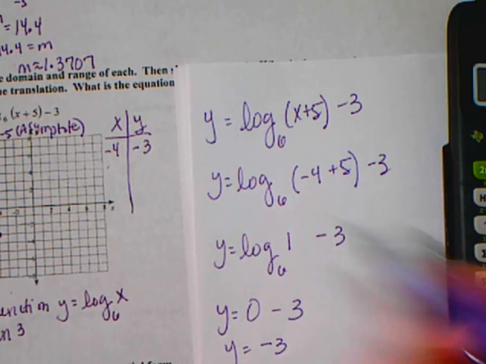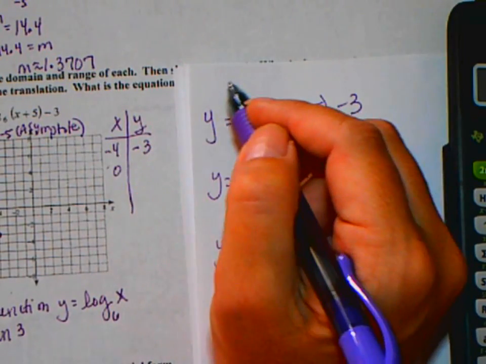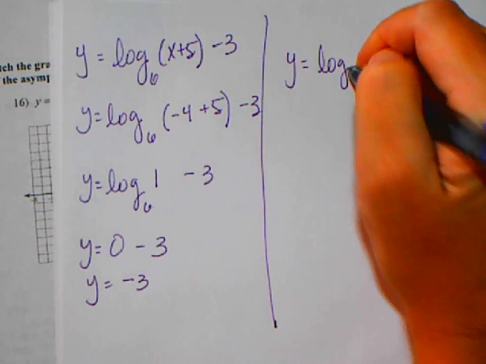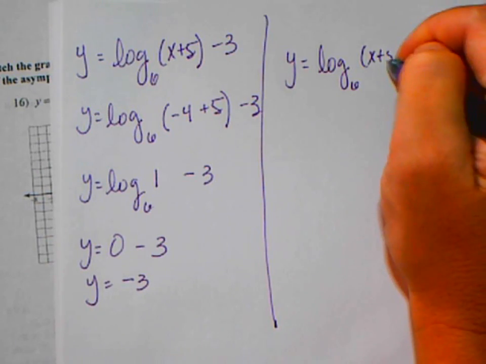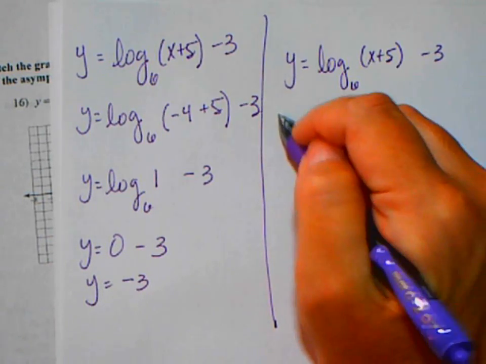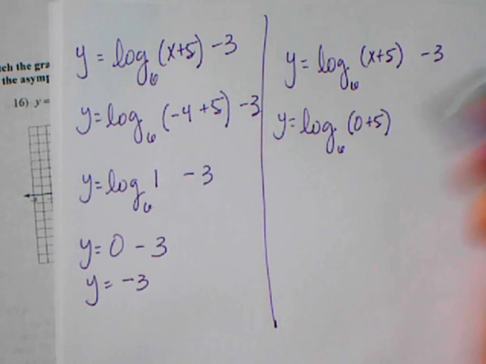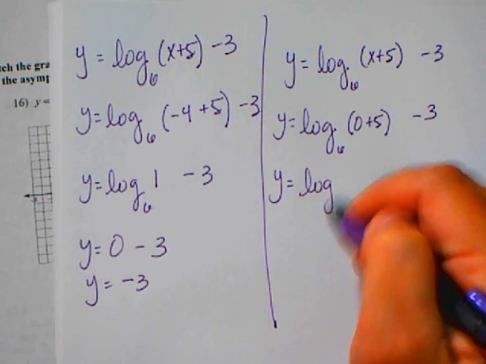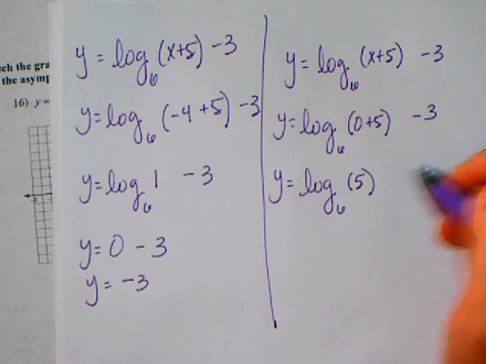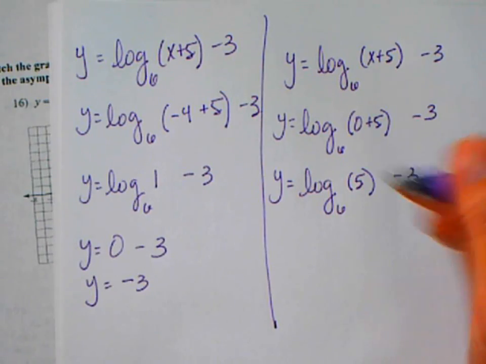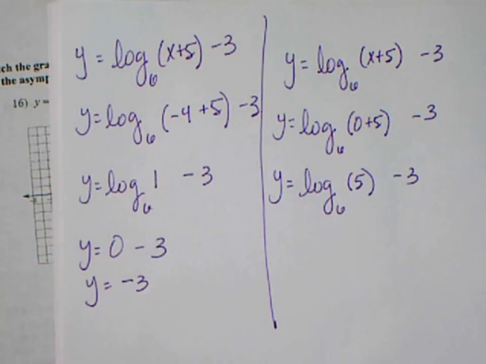I'm going to see when x is 0. So y equals log base 6 of 0 plus 5 and then minus 3. So that's log base 6 of 5 minus 3. Again, I can't do 5 minus 3. I'm subtracting 3 from log base 6 of 5. If I make a mistake, y'all tell me.